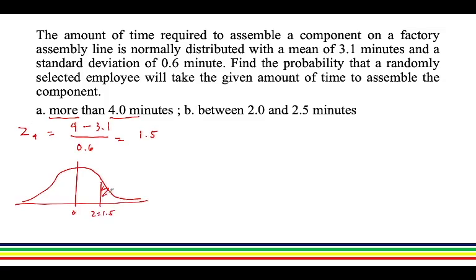We are actually looking for this area. And the area to the left is the one given in the table. So what we're going to do is to subtract that area from 1 to get the value of the area above 1.5z.